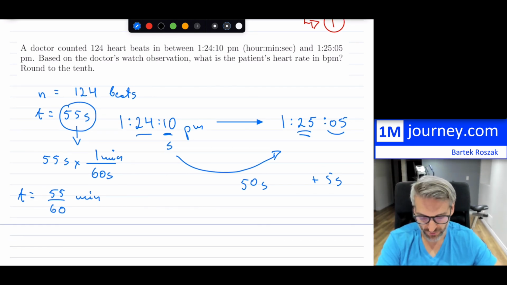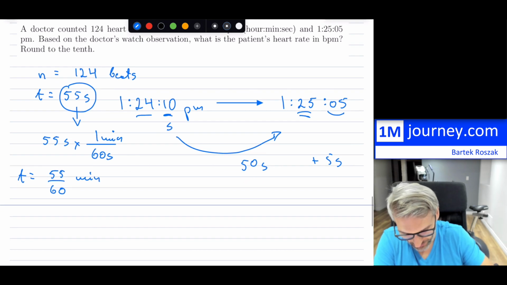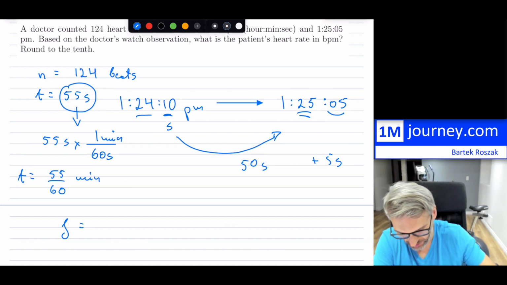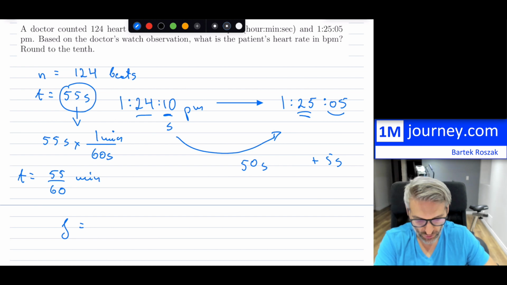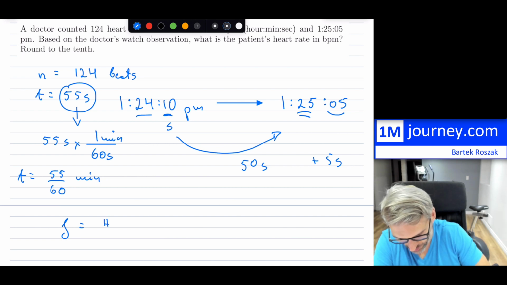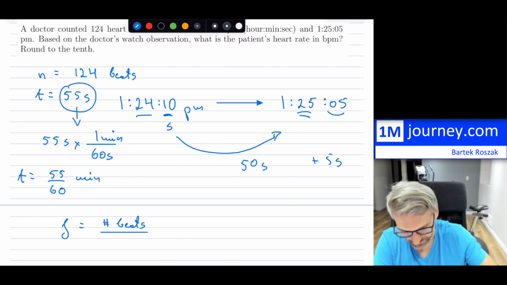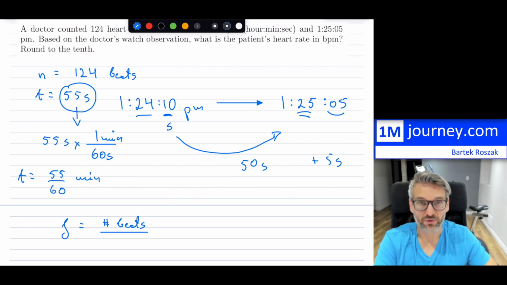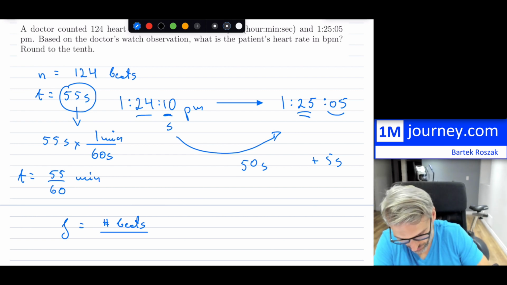Now, in order to find the frequency, please recall: it's beats, so the number of beats that you would have, and then we want it per minute.